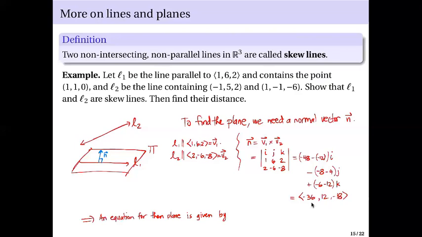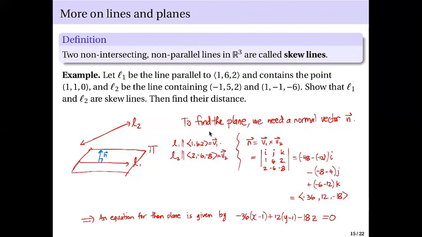You have negative 36 times x minus the x coordinate of the point. We are going to use this, so x minus 1. Then here you have plus 12 times y minus 1. And then here you have minus 18 times z minus 0. And then you have equal to 0. So this is the equation of the plane pi.